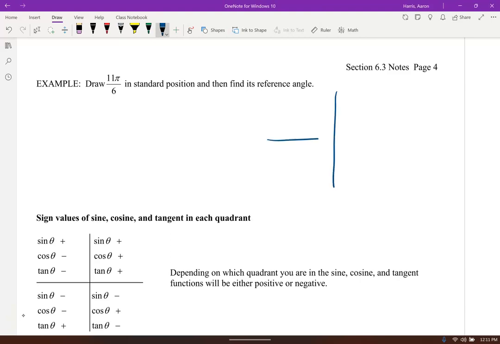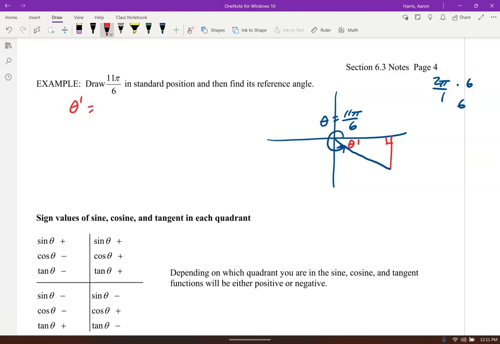Let's draw 11 pi over 6. Now I know all the way around is 2 pi. In other words, 12 pi over 6 is all the way around. This is not quite there. This is 11 pi over 6, right? So then the question is, what's the leftover theta prime?